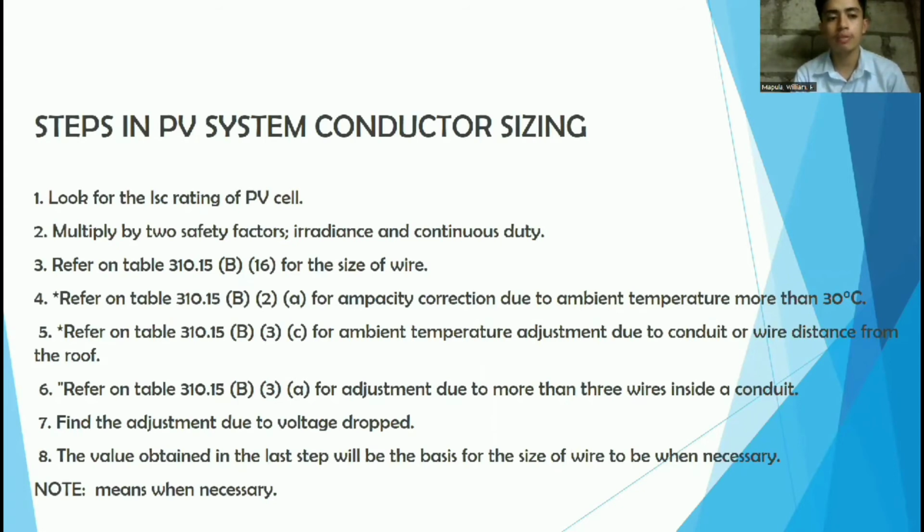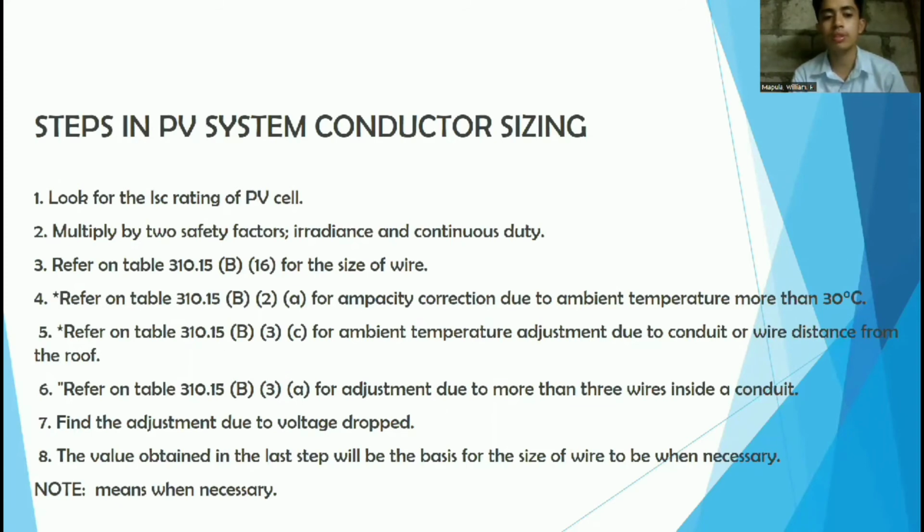Number 4 refers to table 310.15 B2A for ampacity correction due to ambient temperature more than 30 degrees Celsius. Number 5 refers to table 310.15 B3C for ambient temperature adjustment due to conduit or wire distance from the roof.